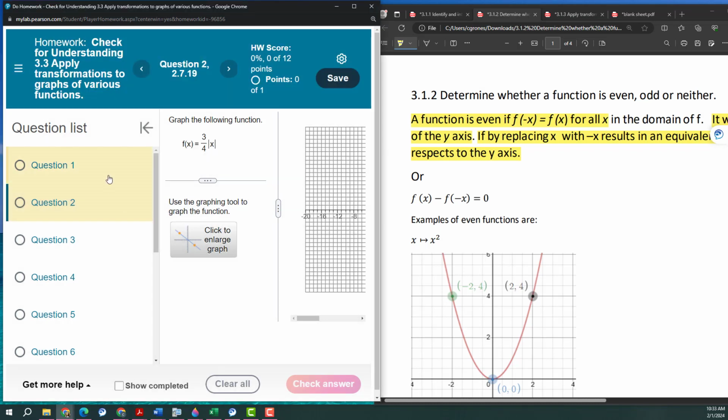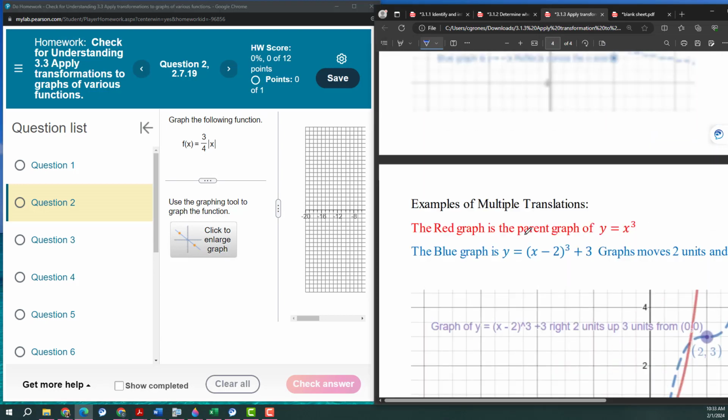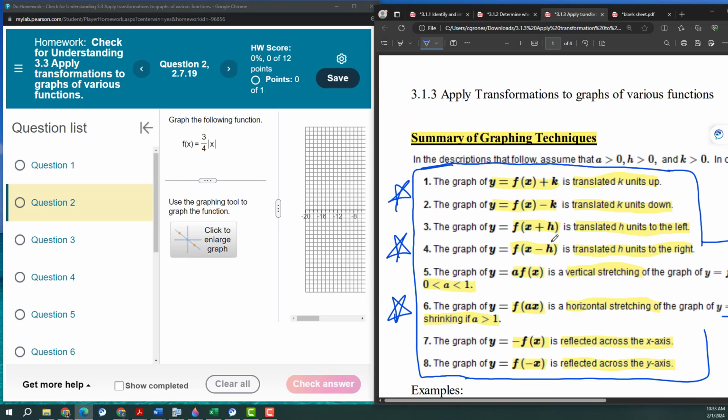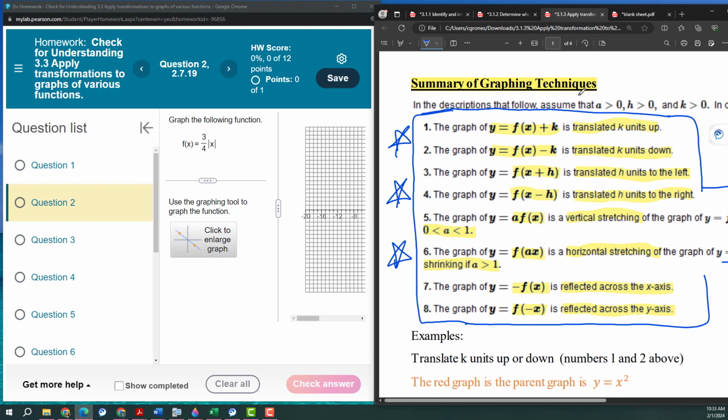The one that I'm going to look at first is number 2. So let me go over to 3.3, and I'm going to keep this up because this is so very important. It tells us everything that we need to do. It says graph the following function. We have f of x equals 3/4 times the absolute value of x.